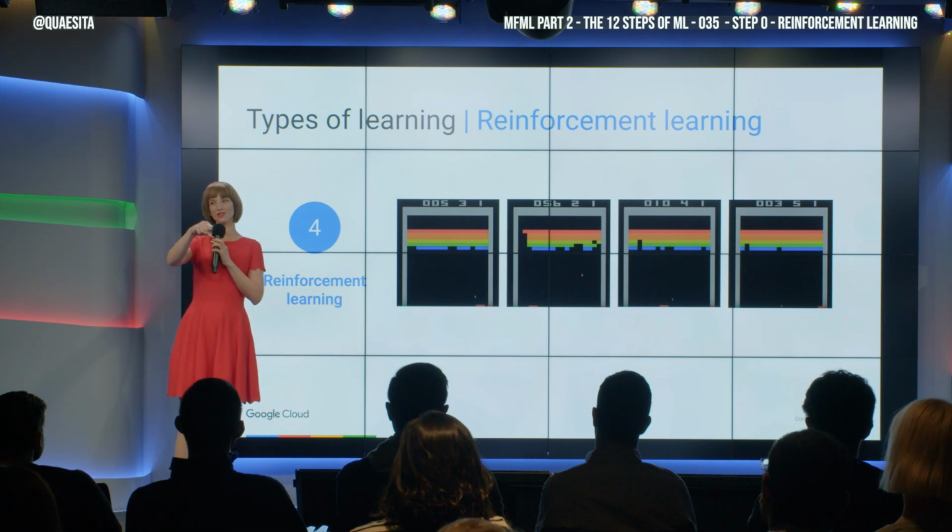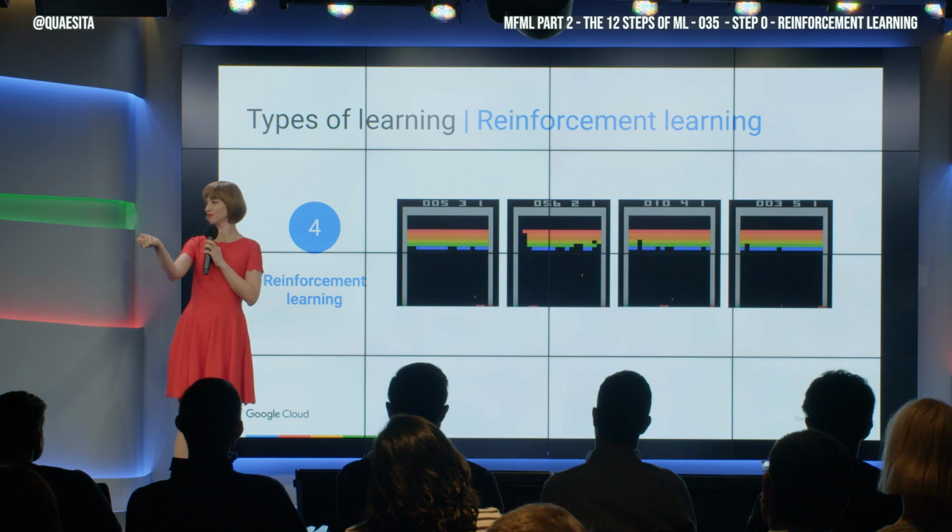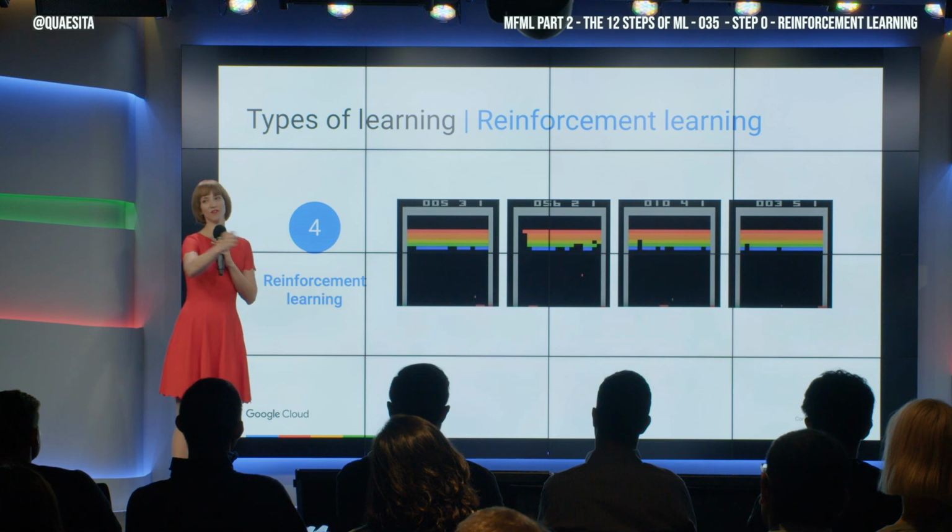But it's not just working with one movement. It's dealing with whole sequences of movements. The thing that really separates it from supervised learning is that there isn't immediate feedback for every individual move. When we move our little paddle left, for that move, we don't get immediate feedback.